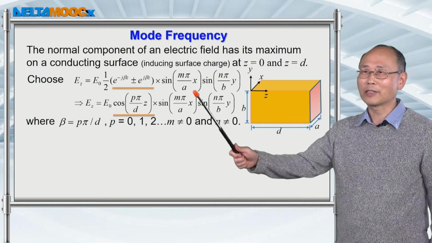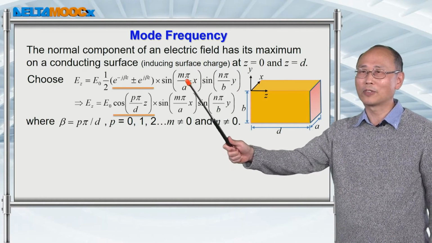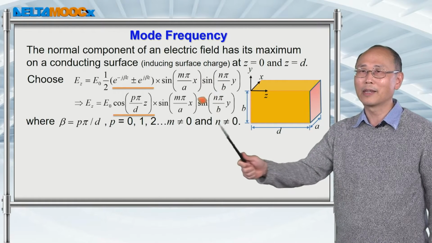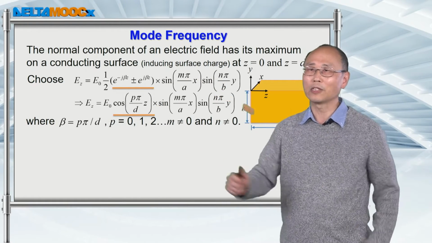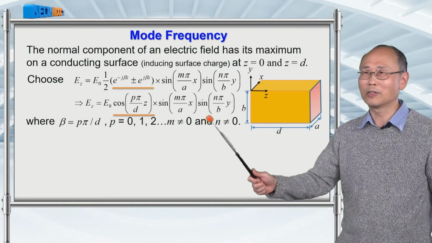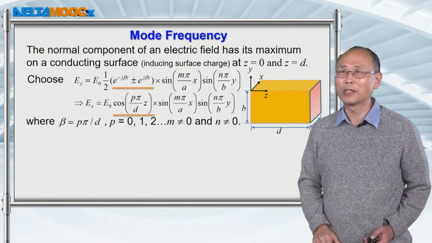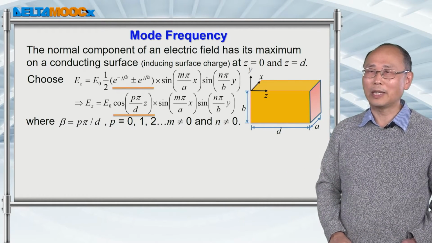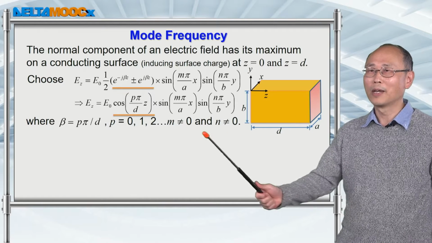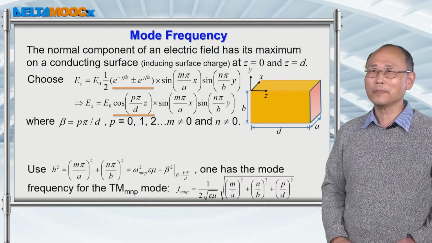But there's some restriction on m and n, because if you have 0 value for m or n, then this term disappears. So you cannot choose m to be 0 or n to be 0 in this expression. So this means that for a TM mode inside this box, m cannot be 0 and n cannot be 0.